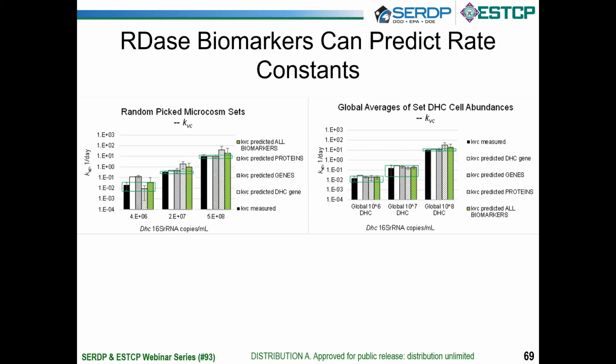When you look at the random microcosm set, the protein abundances tend to overpredict the rate coefficient for vinyl chloride, especially at the higher DHC cell abundances. And when you look at all of the biomarker abundances together on average, and that's the green bar, the condition tends to improve. And when you look at the global average overall for all of the microcosm data sets, the proteins and the genes in terms of their predictive capability for rate coefficients are on par with one another.